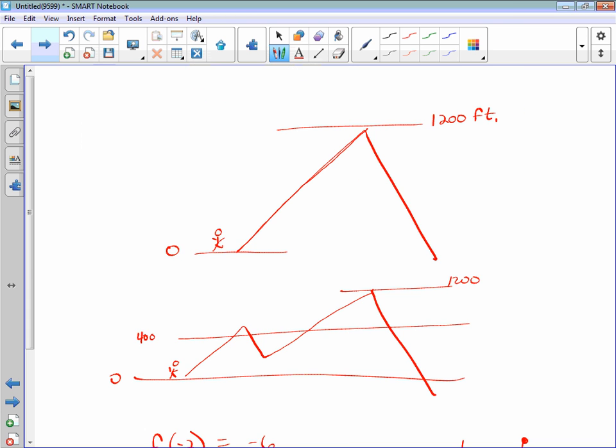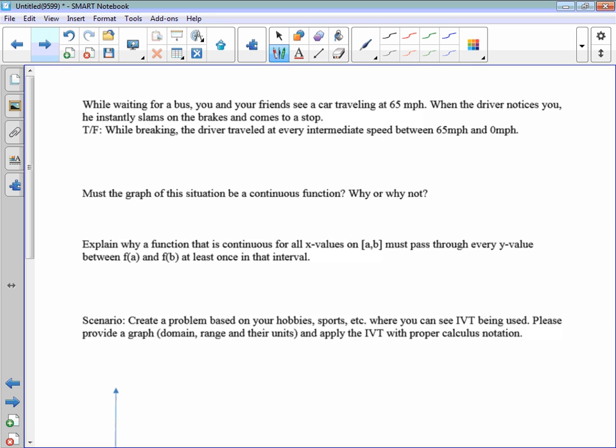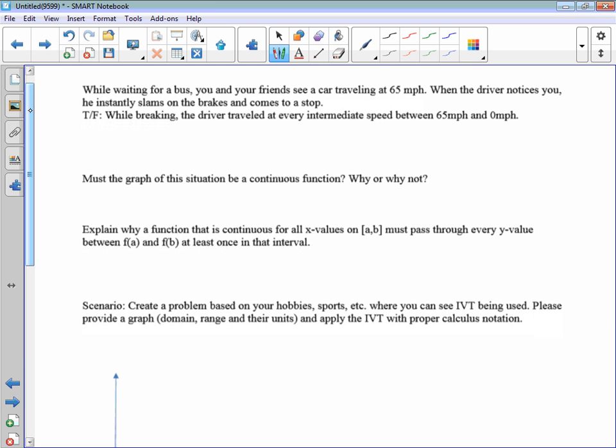All right. Let's look at this one. We're almost done. Okay, you're waiting for a bus. There's a car traveling at 65 miles an hour, and when he notices you, he instantly slams on the brakes and comes to a stop. Well, that's good. He must have slammed on the brakes very hard. So true or false?